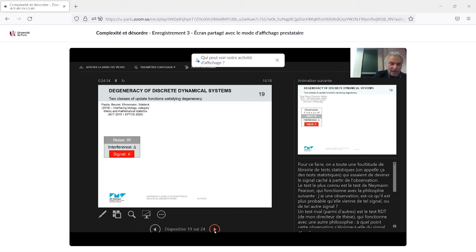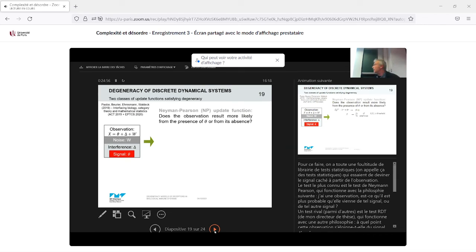And so at the end, the input signal is X equal to theta plus delta plus W, signal plus interference plus noise. And we have to deal with that. And so the question is whether there is some signal or not when we observe this X.